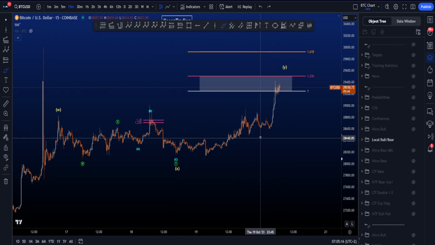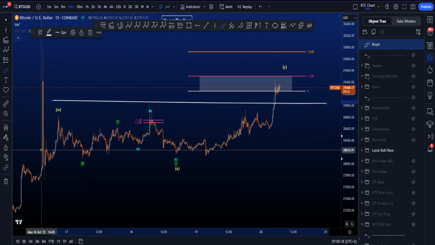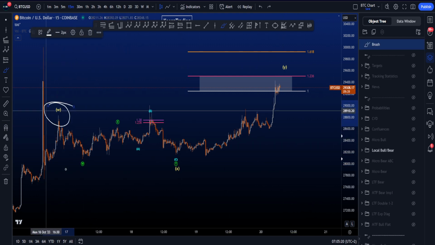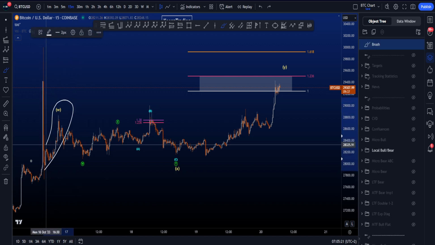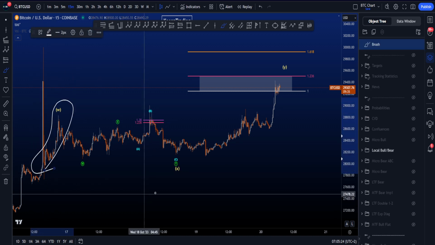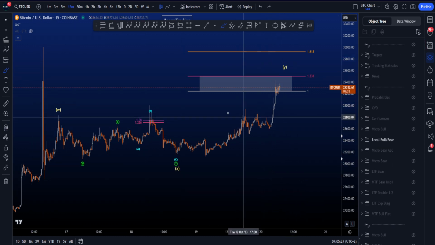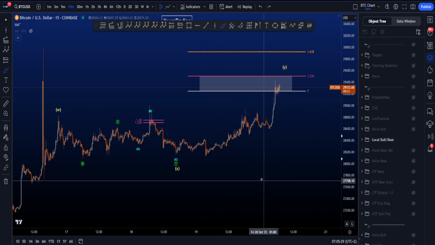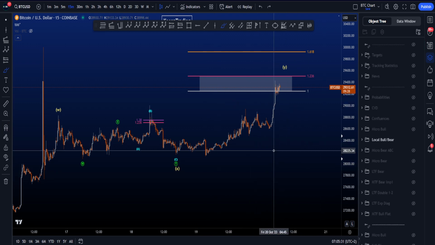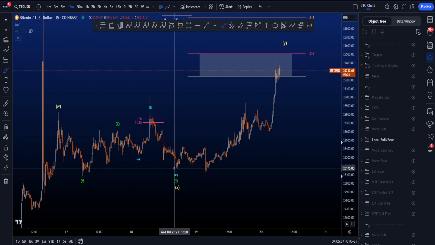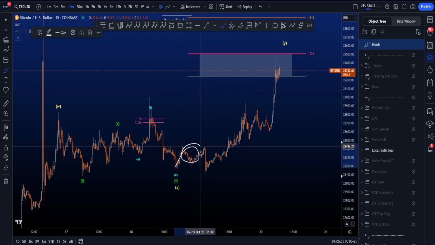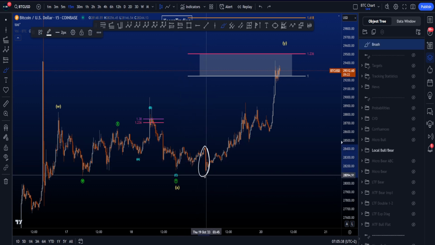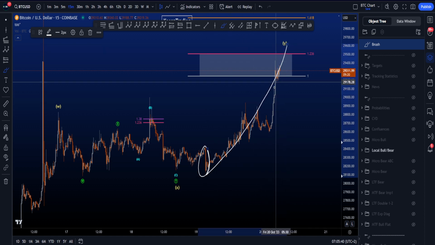And this is important because a wave Y is not allowed in the sideways double combo to be the same structure as wave W. If W, likely here, is a zigzag, then wave Y has to be a flat or a triangle. Well, a triangle in my opinion doesn't really work, so then a flat is left. The only way to get a flat is if this is your A over here, then this is your B, and this is your wave C to the upside.